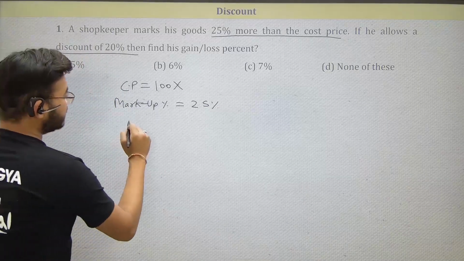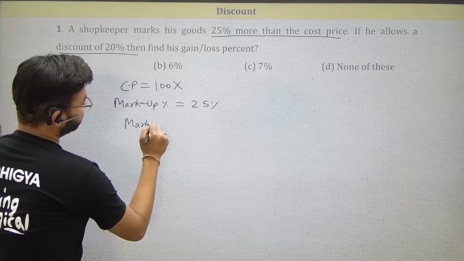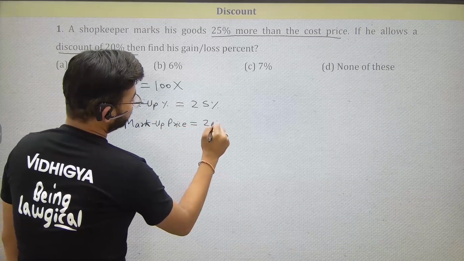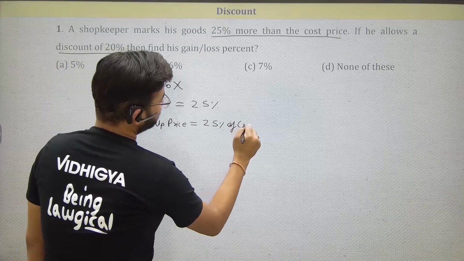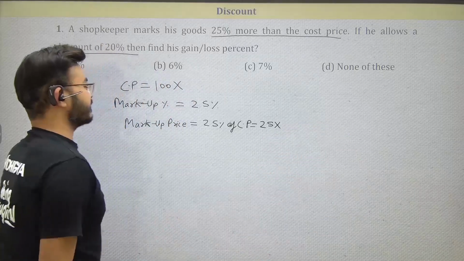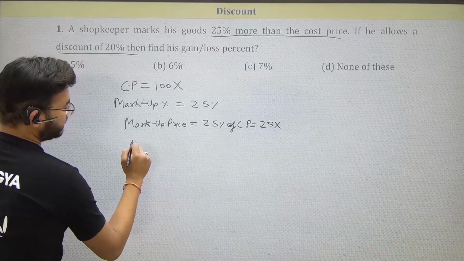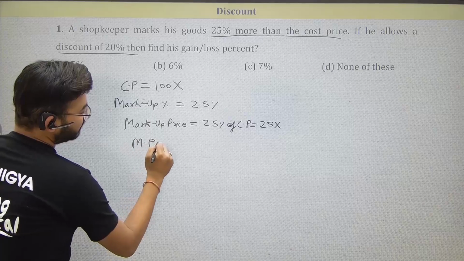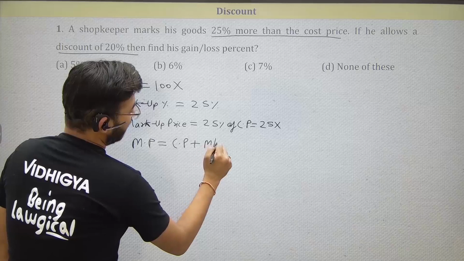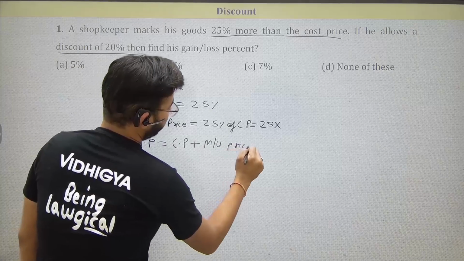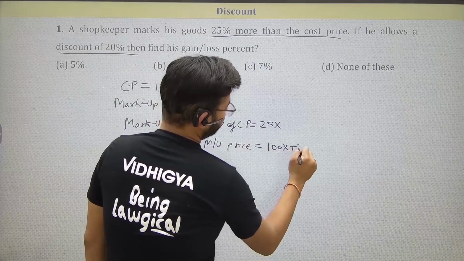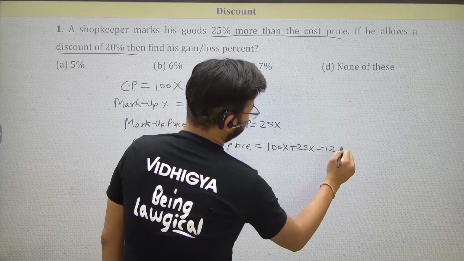So that would mean that markup price will be equal to 25% of cost price, so that will be equal to 25x. So this is your markup price. So from that we can get the marked price. Marked price is cost price plus the markup price. So that becomes 100x plus 25x, so that becomes 125x.